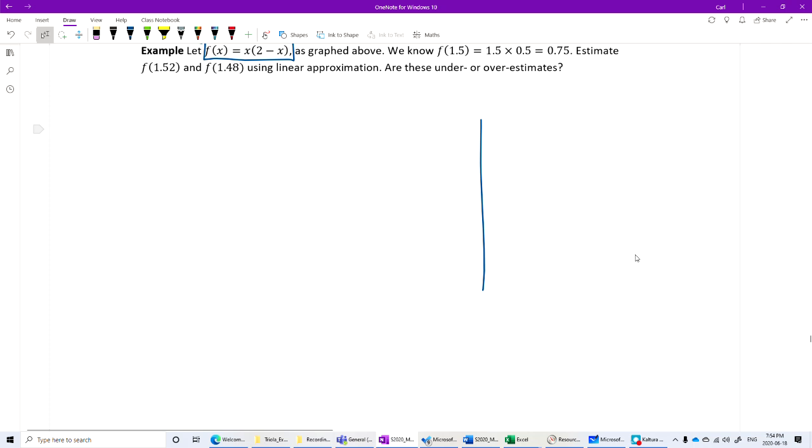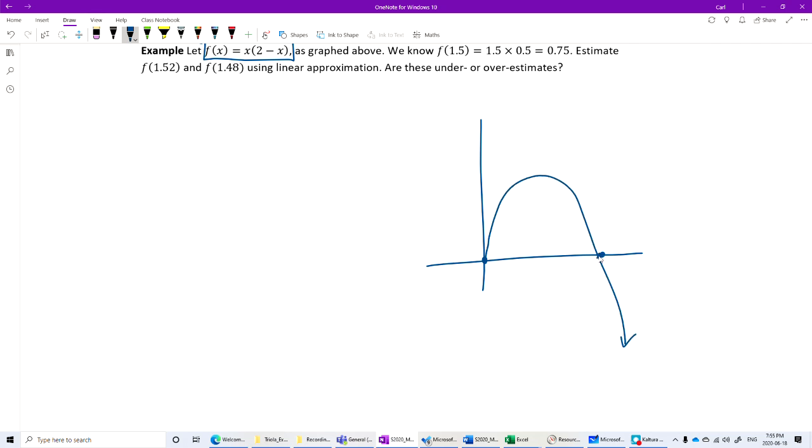x times 2 minus x, so that's an upside down parabola that passes through 2 points. Okay, I didn't draw that well, but there we go. So we know this is the point 2. At 1.5, I know that the height here is 0.75.